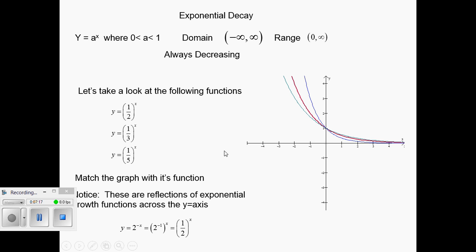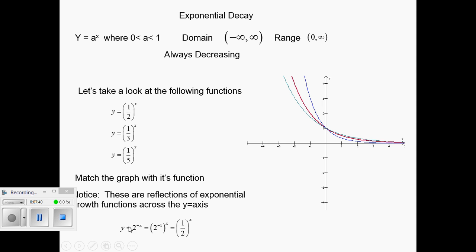Because if we were to look at this down here, y equals 2 to the negative x. If you think about the graphs we saw before, this should imply a flip across the y-axis.